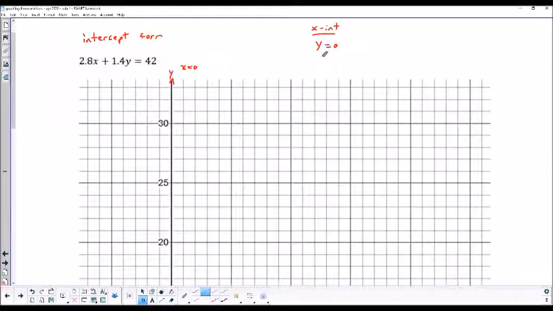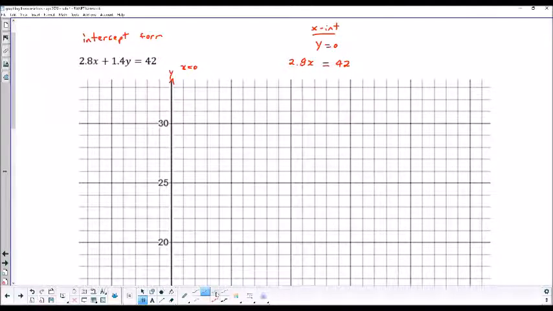So if I take the equation, 2.8x plus 1.4y equals 42, and substitute y equals 0, then 1.4 times 0 is just 0, and 2.8x plus 0 is still just 2.8x. So I can ignore that second term, and 2.8x equals 42.